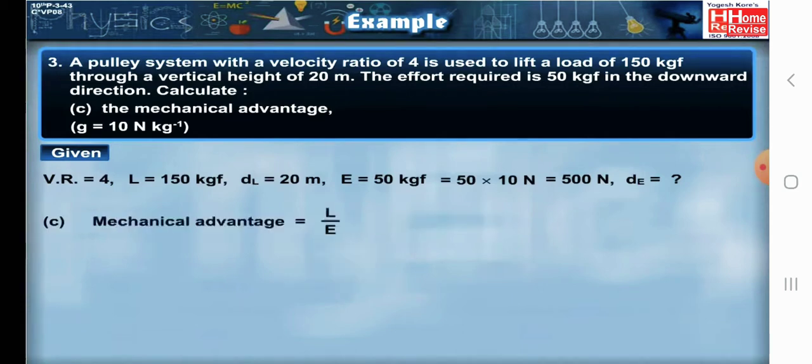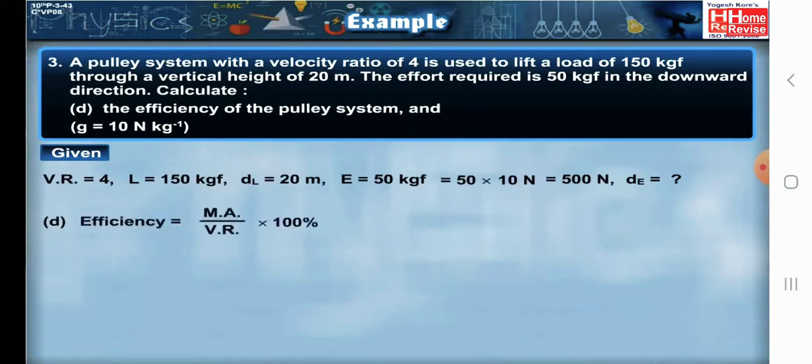C. Mechanical advantage is equal to L upon E, which equals 150 upon 50, which equals 3. D. Efficiency is equal to MA upon VR into 100%. Substituting the values, 3 upon 4 into 100% is equal to 75%.